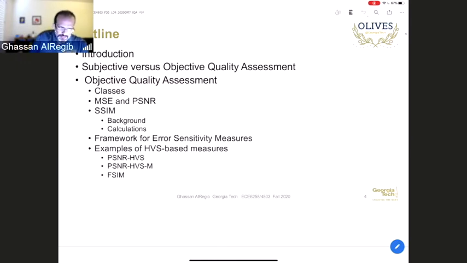So we'll start with some introduction, look at the difference between subjective and objective quality, and then look at some quality assessment methods, different categories and classes of these methods, and then specifically study PSNR and SSIM.